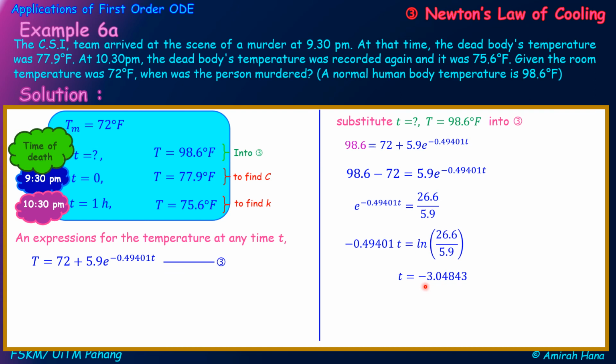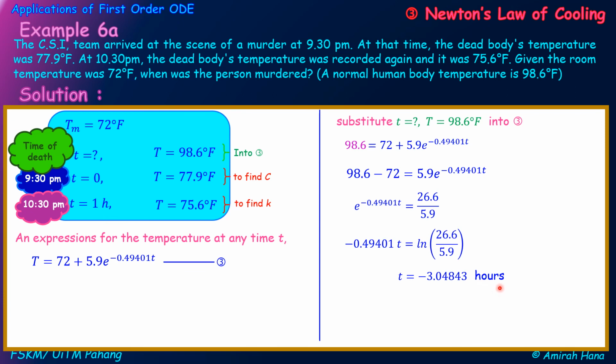Then, using a calculator, we will get T = negative 3.04843. And from here, the unit given for time is hours, so we can write hours here.